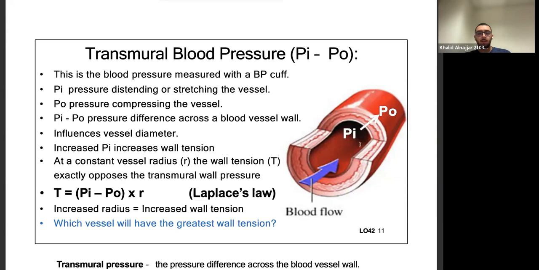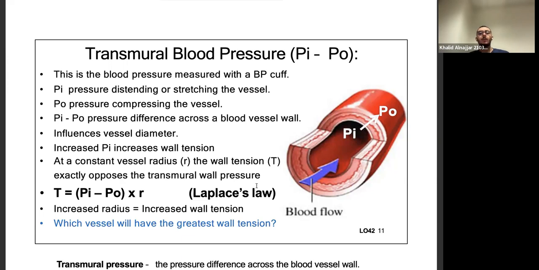Now think more with me. If we increase the pressure inside, which is pushing against the wall, now we're increasing the tension on the vessel wall, right? That's why increased PI will increase wall tension. At a constant vessel radius, the wall tension exactly opposes the transmural wall pressure.